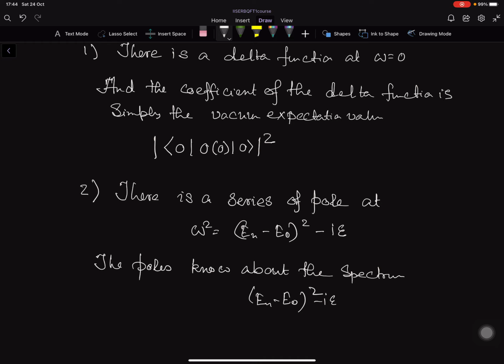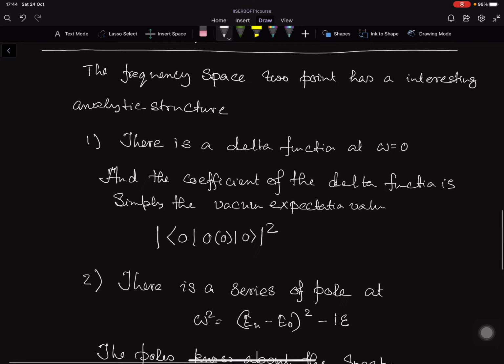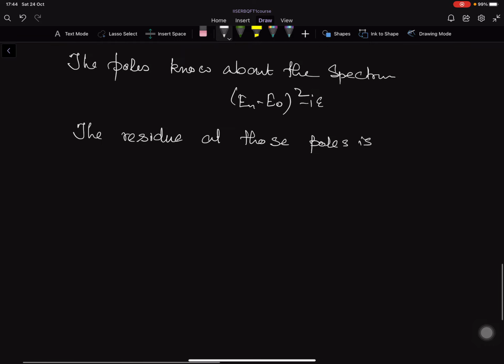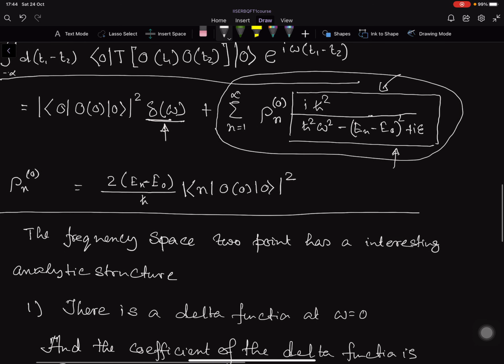Not only that there are poles, the residue at the pole is also fixed. The residue at this pole is controlled by rho n. To be more precise, the residue actually also has i h bar square and all this.